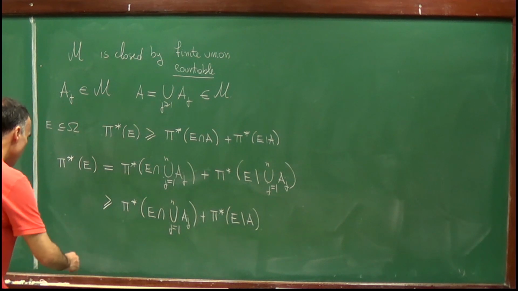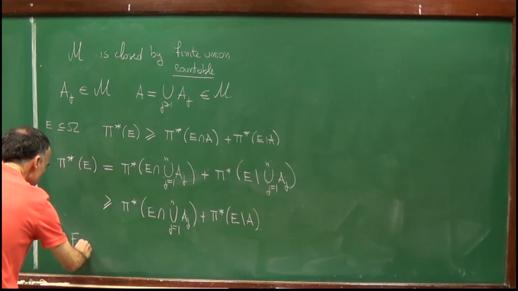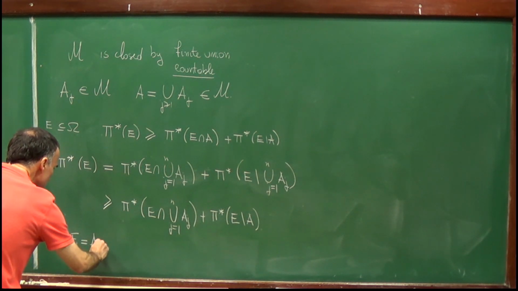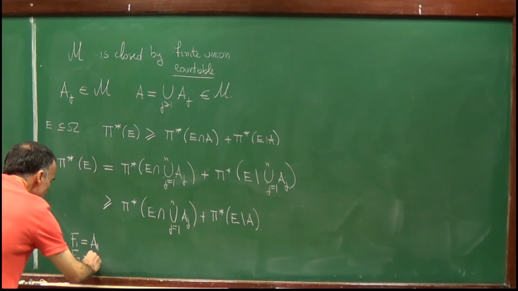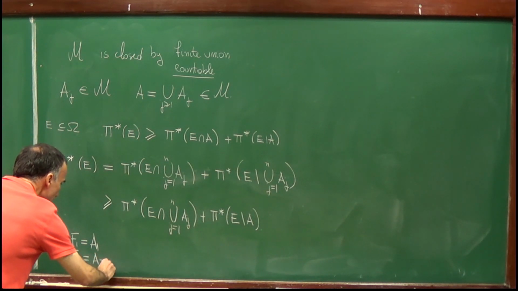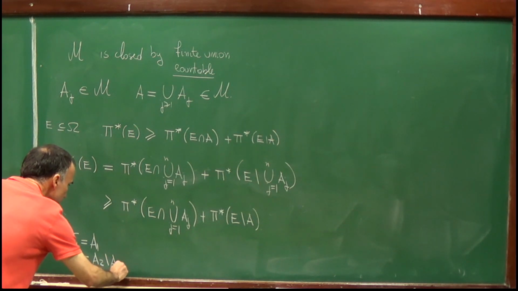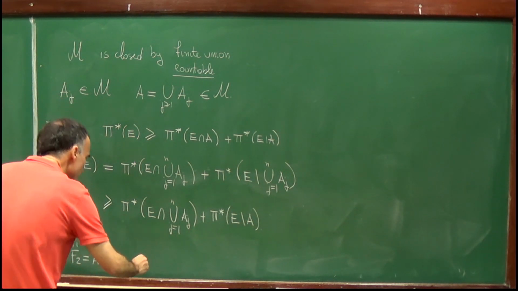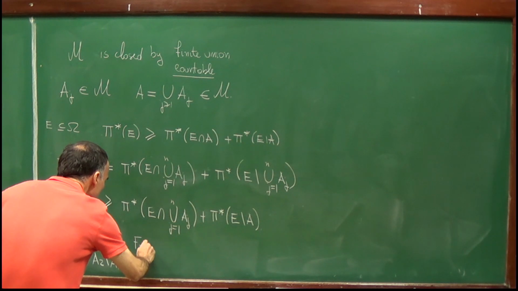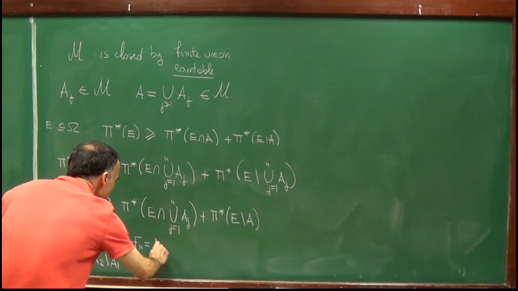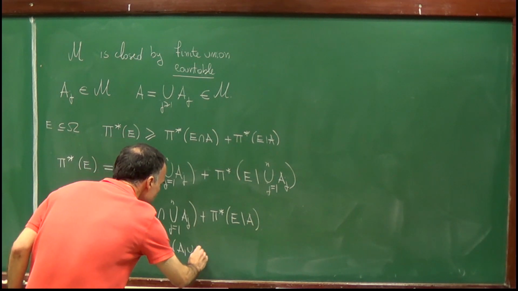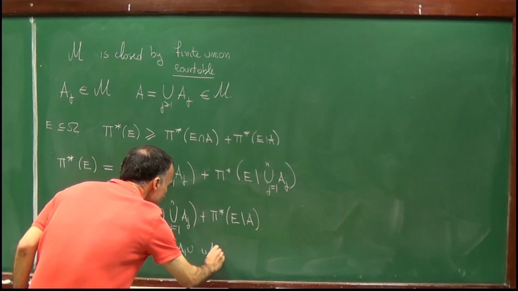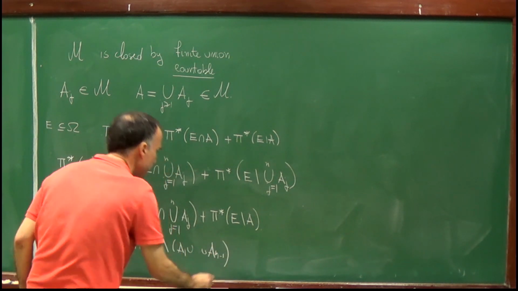So let me define F1 to be A1, F2 to be A2 minus A1, and so on up to Fn, which will be An minus A1 union ... An minus 1. Right?